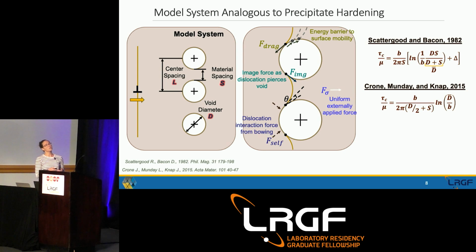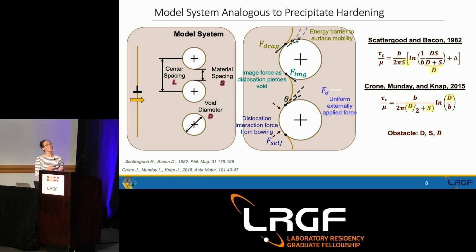And we can see also here that they have this empirically determined scaling coefficient that has been added. Then Krohn, Munday, and Knapp came along in 2015, and they improved specifically upon how to treat this image force as well as this drag force in this problem. They improved upon this model where we still have this logarithmic dependence on D bar, our void geometry, but they've changed it slightly, and we've removed that empirical correction factor.